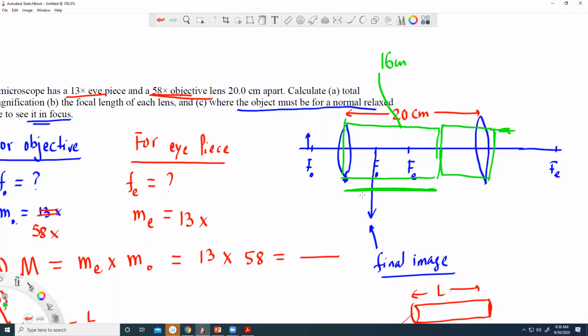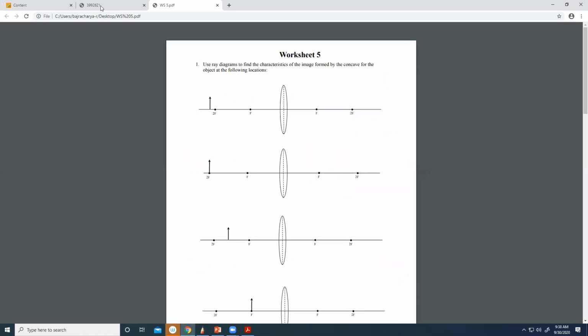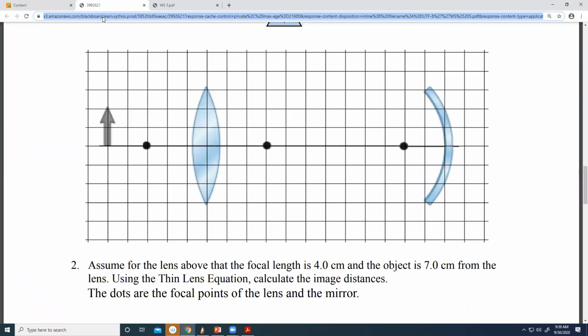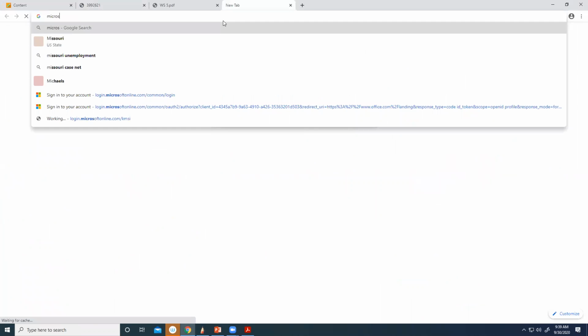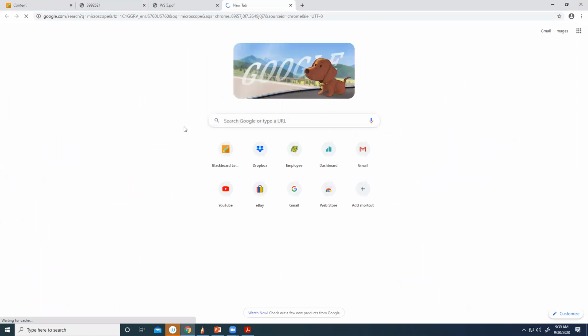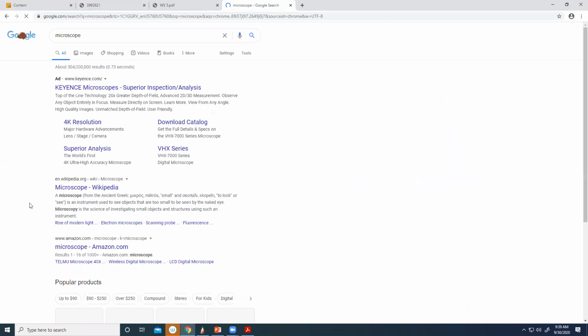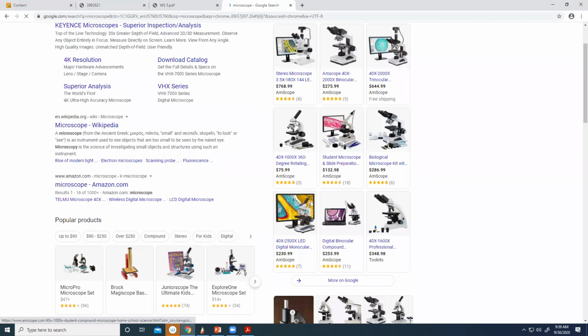If you look at a microscope, I don't have the picture with me here, so let's see if I can find a microscope somewhere. Come on.